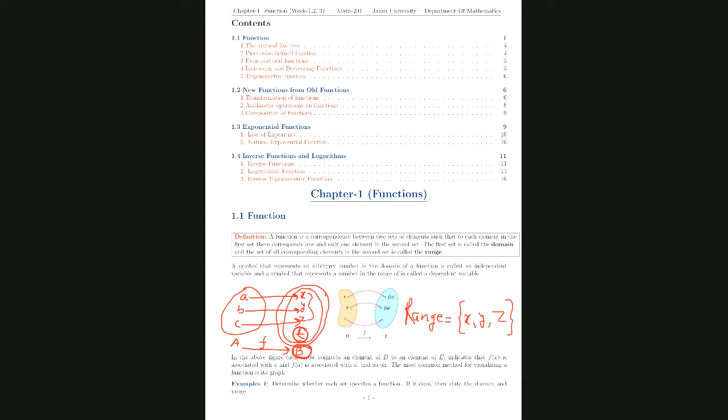Output elements are these X, Y, and Z. And set A, the input set, is the domain. Output connecting elements are range, and set A, the input set, is the domain. Right?